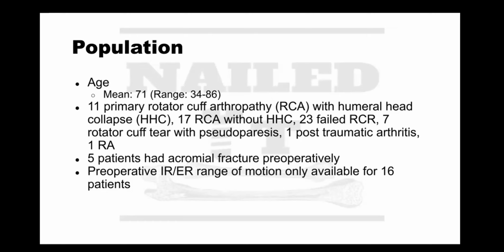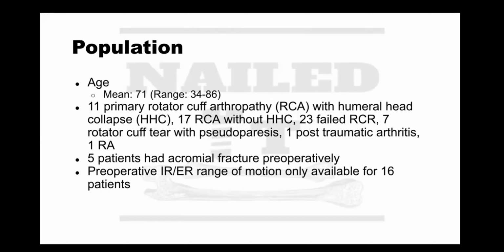One of these patients, as you can see, was 34 years of age. That patient, and we'll go into the diagnoses here a little later, had cuff tear arthropathy with humeral head collapse, as well as lupus, which was the indication here. 11 of these patients had rotator cuff arthropathy with humeral head collapse. 17 of them had rotator cuff arthropathy without humeral head collapse. 23 of them had some form of failed rotator cuff repair. 7 of them had rotator cuff tear with pseudoparesis.